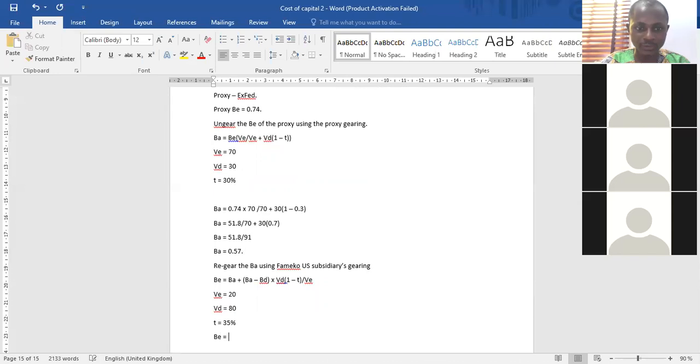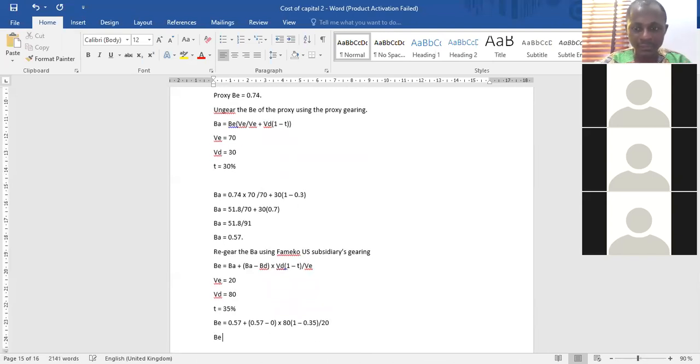We have beta of equity equal to 0.57 plus bracket 0.57 minus 0 times 80 times 1 minus 0.35 all over 20.